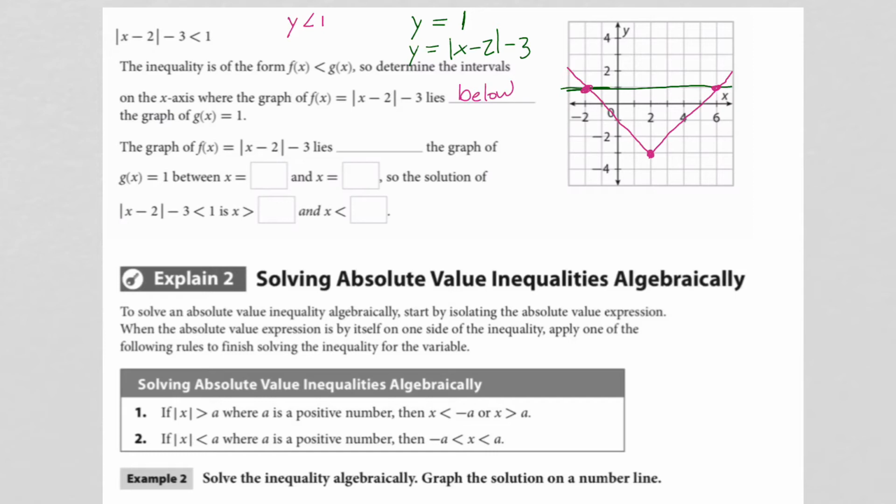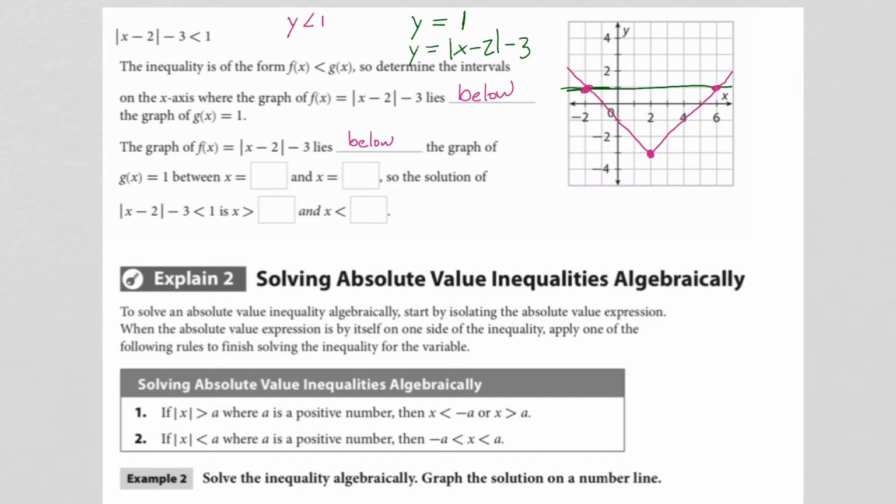And the graph of this thing, f of x is equal to the absolute value of x minus 2 minus 3, part of it at least lies below the graph of g of x equals 1.